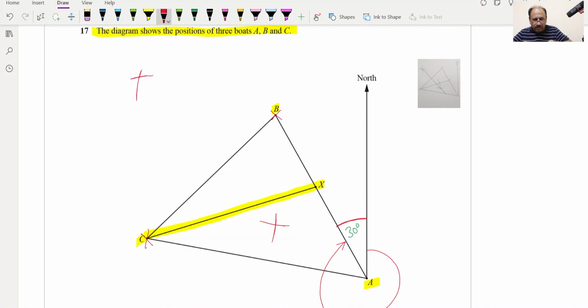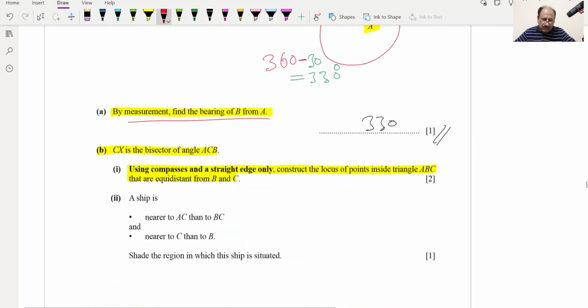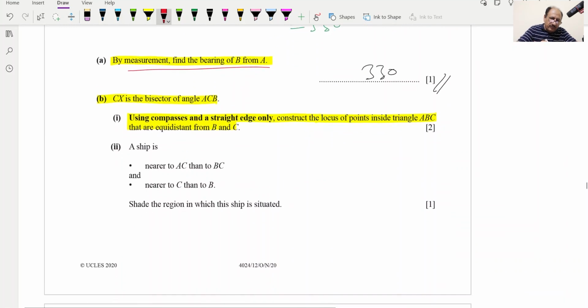And we will draw the bisector line, and we will extend this up to the boundary line of the triangle. Now we are done with this one. This is the construction which is required. You will have to keep the arcs, and one part we are done.